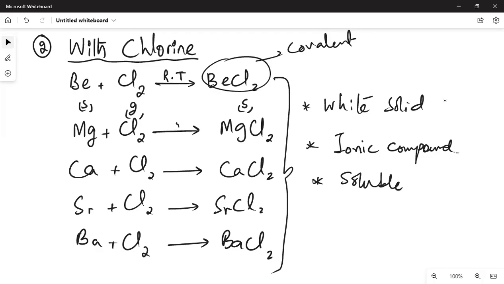They also ask some physical properties in MCQs. They're all white and they're solid at room temperature. They have ionic bonds, so they're ionic compounds and soluble. These group 2 chlorides are soluble in water. So all these reactions happen at room temperature. No heat as such is required.